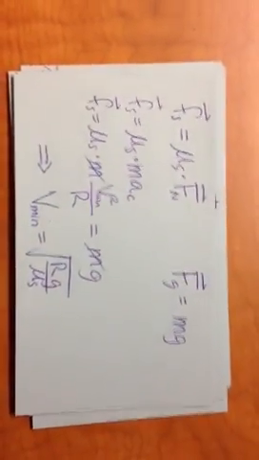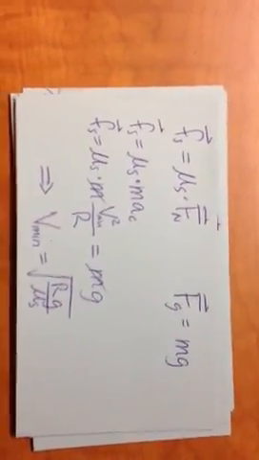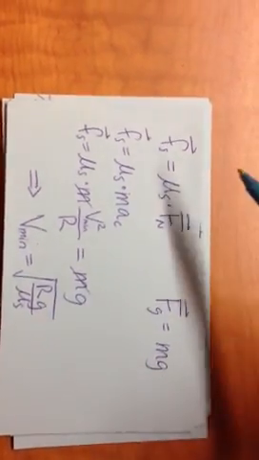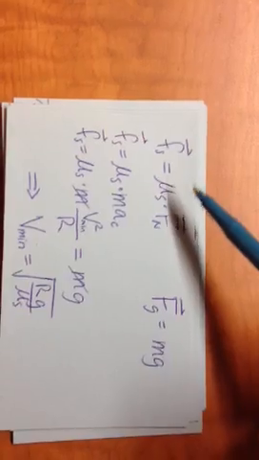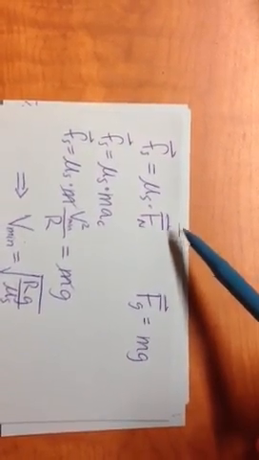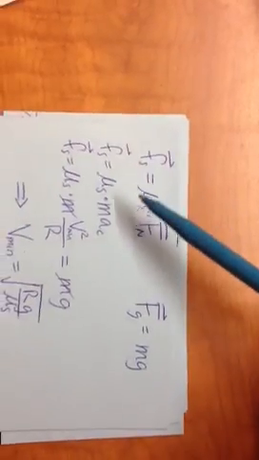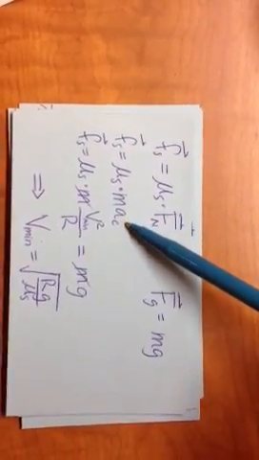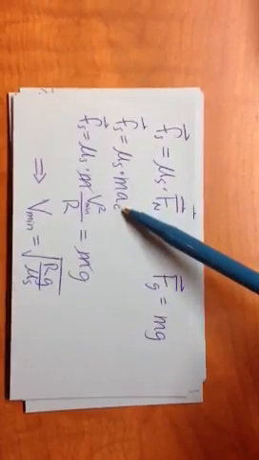These equations show how we can find the minimum velocity required for friction to overcome gravity. The friction force is equal to μs times normal force. Normal force we found was equal to the mass times the centripetal acceleration of the person.